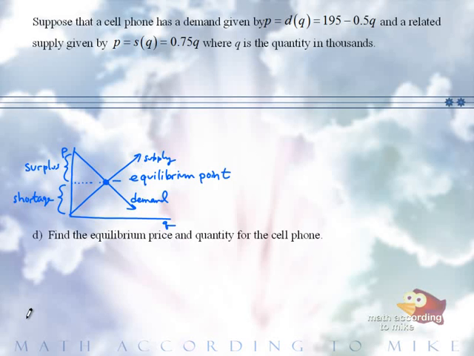So notice in part D it says, find the equilibrium price and quantity for the cell phone. Again, equilibrium is when supply equals demand. So what is our supply for this problem?